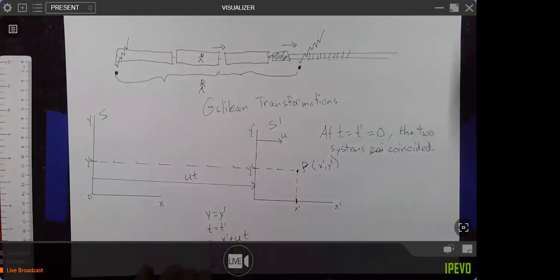And what I'd end up with is that v sub x, a velocity in the x direction measured in the unprimed system, will equal v sub x prime plus u.